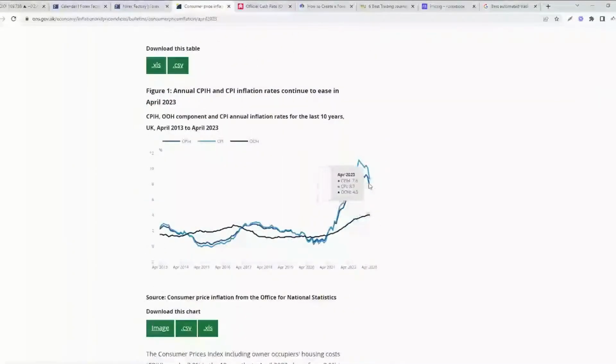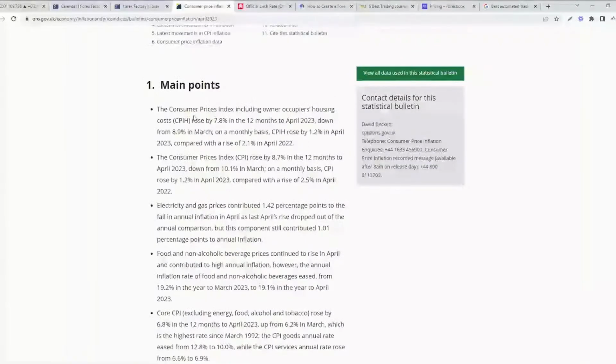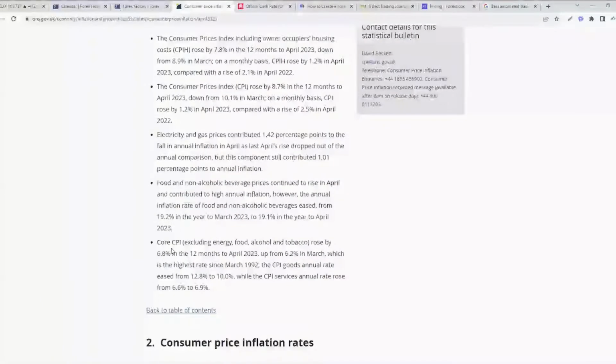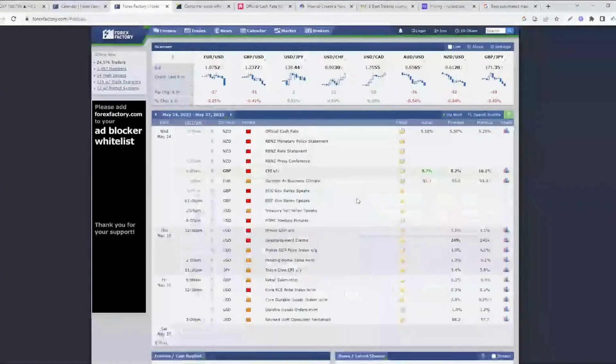So as you can see here, you have the headline CPI reading, as well as the CPIH, which is CPI that includes housing costs, and you also have the core CPI reading as well. So this is how you can use Forex Factory to find out what's happening.